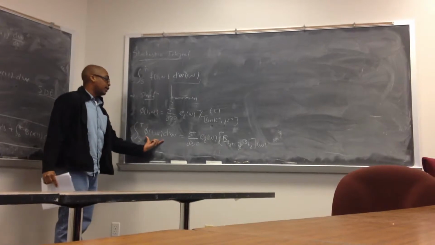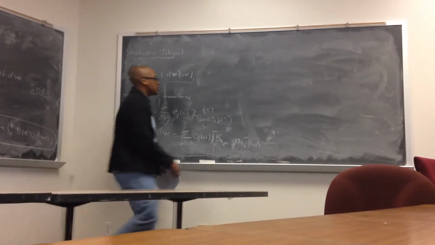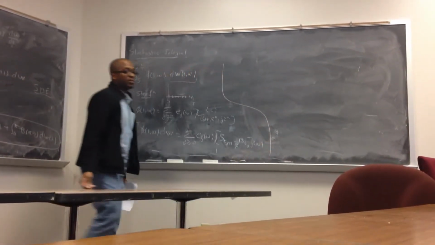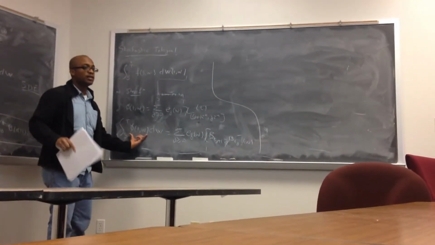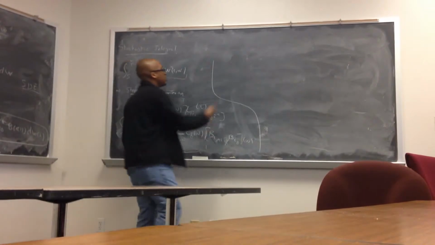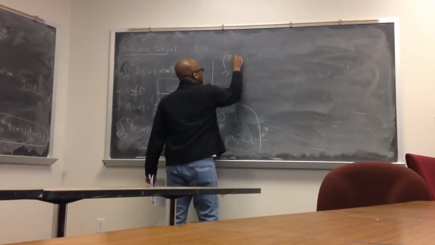So now, you can use the usual approximation procedure. You use that step function, you go to simple functions, and now you have simple functions that can converge to your function f.